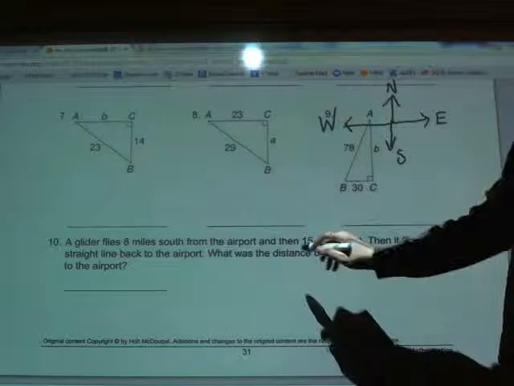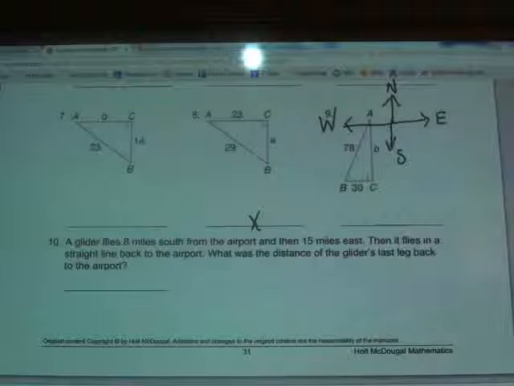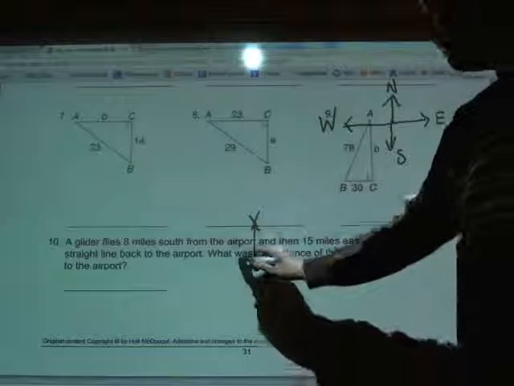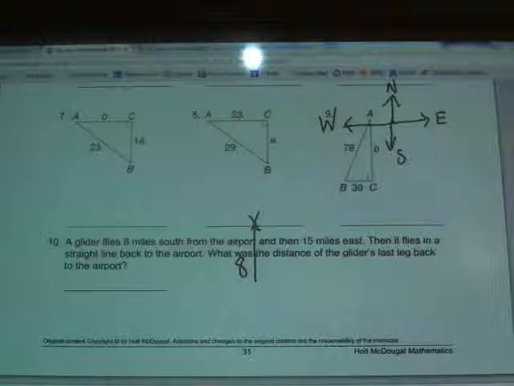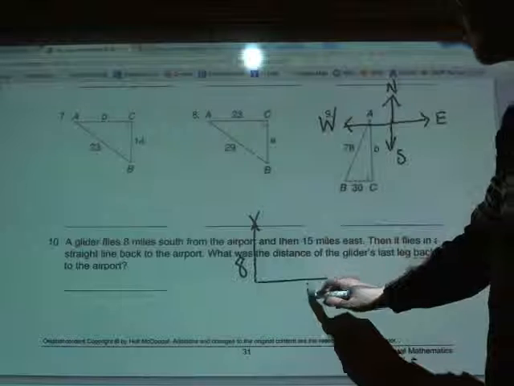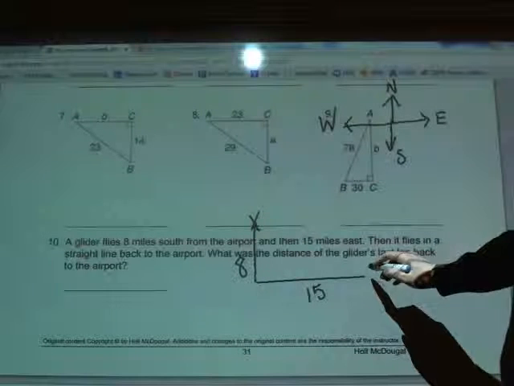So we've got the airport, and it says the glider is going to go 8 miles south from the airport. So we're going to drop down from the airport 8 units. And then once we get there, it's going to turn and go 15 units or 15 miles east. So then we're going to turn right and go 15 units. And then the glider is going to turn and fly right back to the airport.